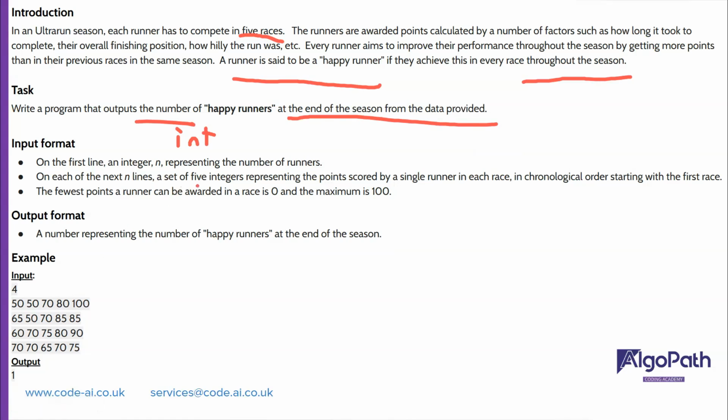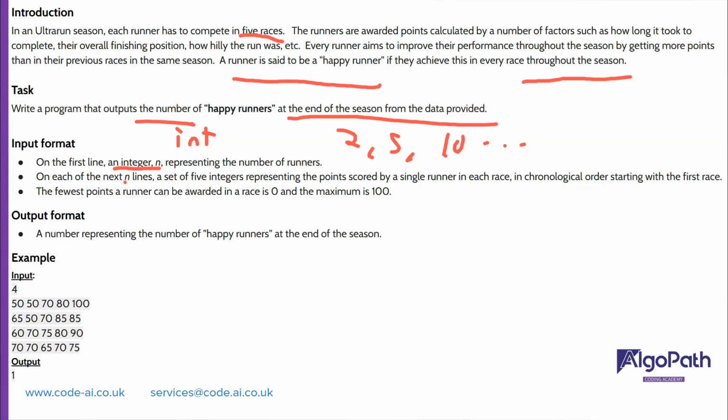So let's look at some restrictions that we have. First of all, the first line must be an integer, and this represents the number of runners. So this can be 2 runners, it can be 5 runners, it can be 10 runners, or whatever.